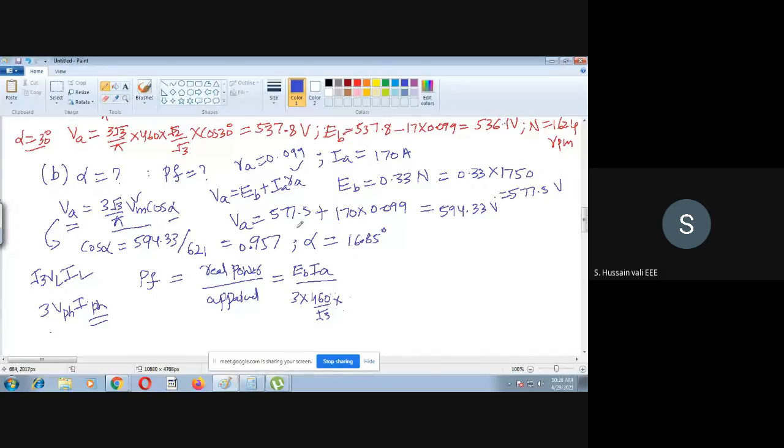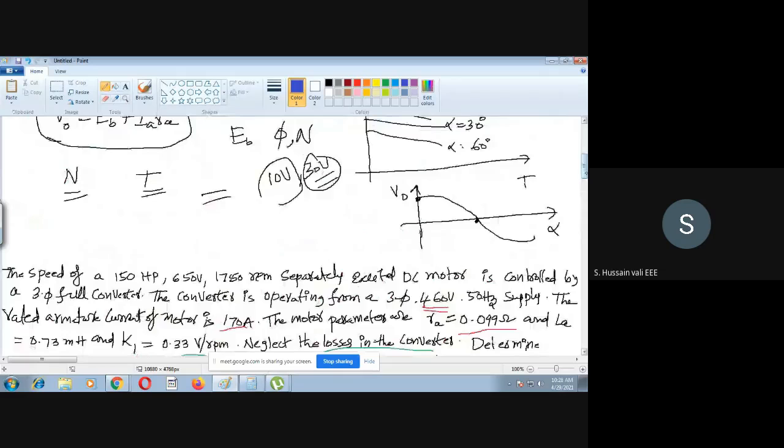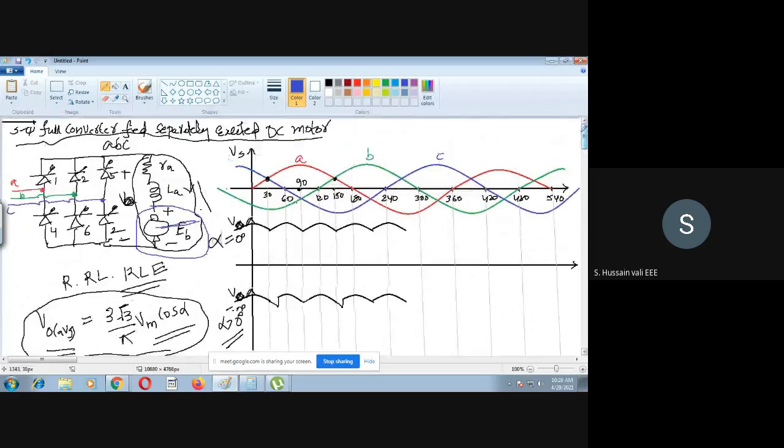I'll tell you a simple procedure. We have found out the armature current. If you recall, we found out the RMS value of the phase current last class, in the case of single phase. Now it is the case of three phase. So how to find that?